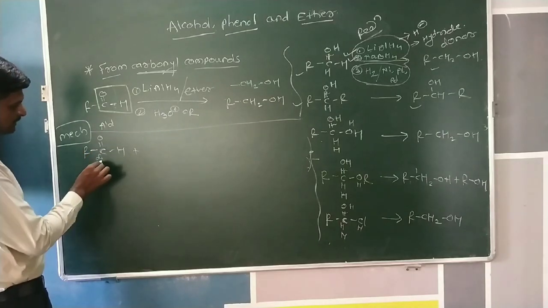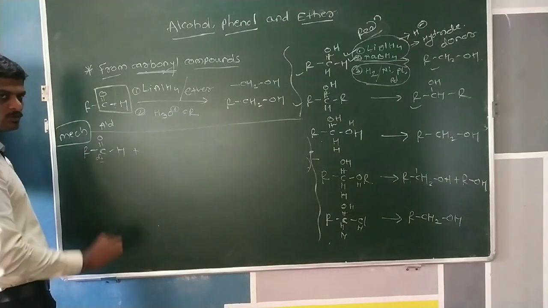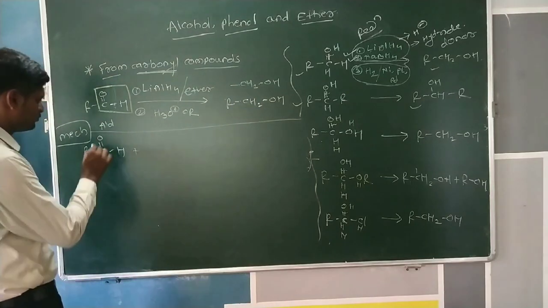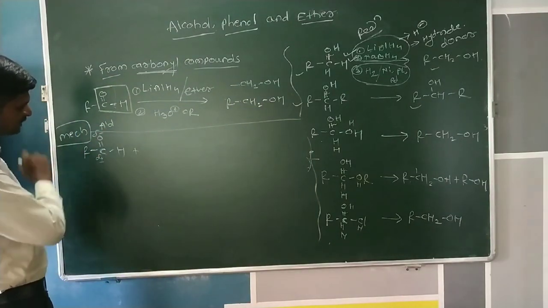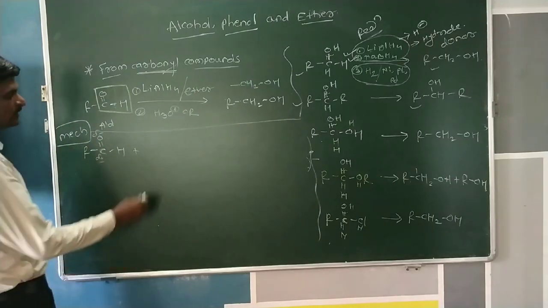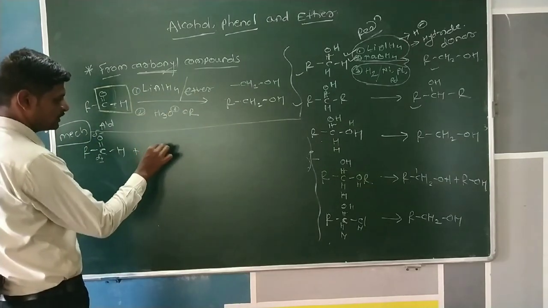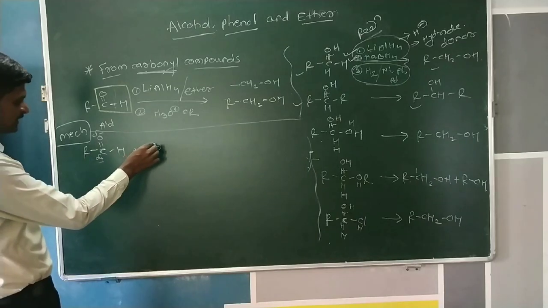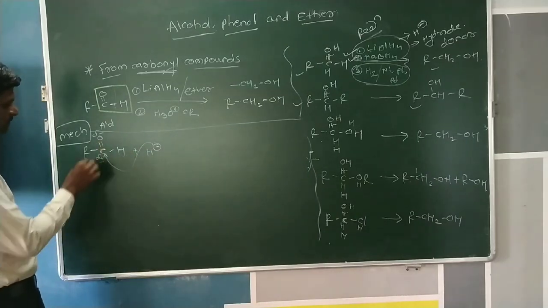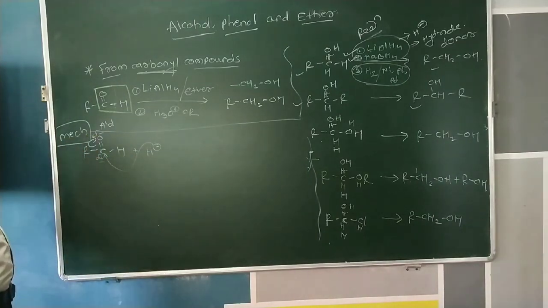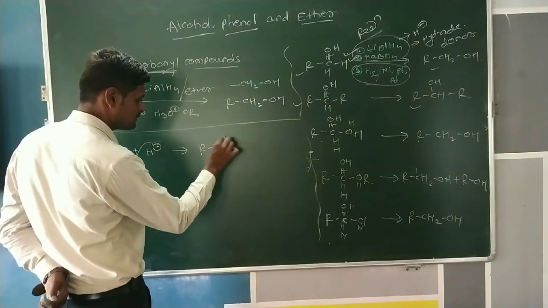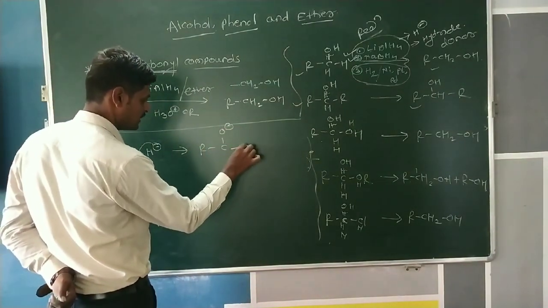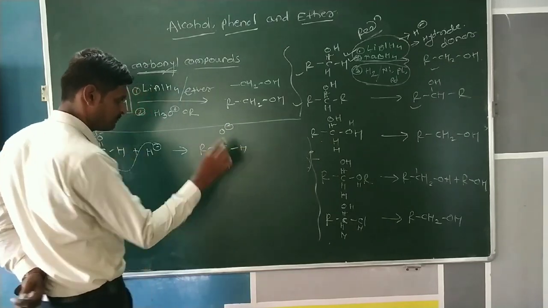This carbonyl carbon shows a partial positive charge and this oxygen shows a partial negative charge, because the oxygen attracts the shared pair of electrons towards itself. Then lithium aluminum hydride donates the H minus ion. Therefore, this H minus ion attacks the carbonyl carbon. At the same time, the pi bond is delocalized onto the oxygen atom. Then it forms RCH(O minus)H.